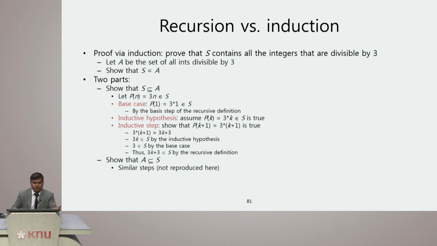So basically we have proved that S contains all the integers that are divisible by 3, because we used another set A, and we assumed that A also has the set of all integers divisible by 3, and then that's it, we proved it, right? And we showed that S is equal to A.